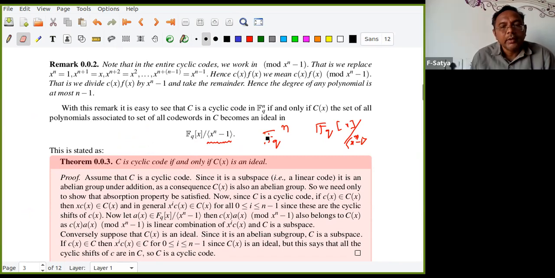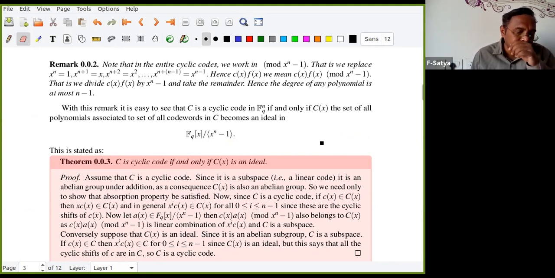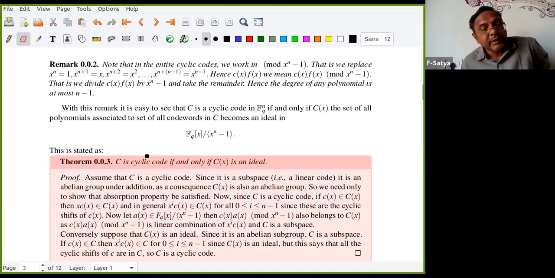No. A vector space has only two operations, vector addition and scalar multiplication. A usual ring has only two operations, addition and multiplication, but I am not going beyond the same set. But when you take an ideal, scalar multiplication also comes in. It is a beautiful thing. That is why ideals are very important.